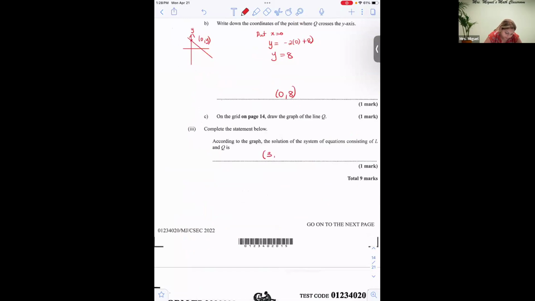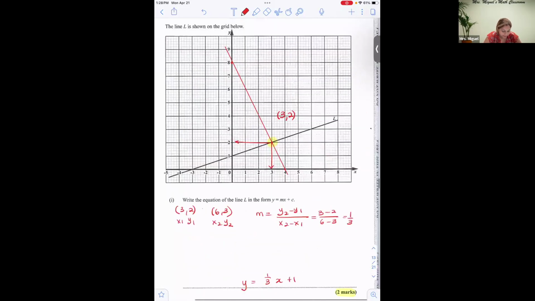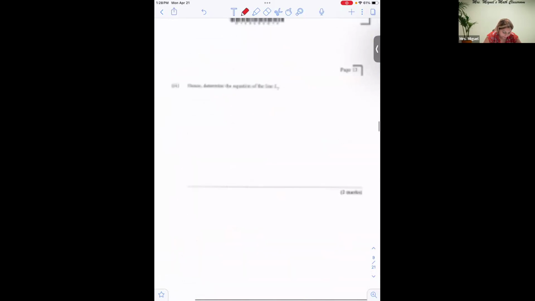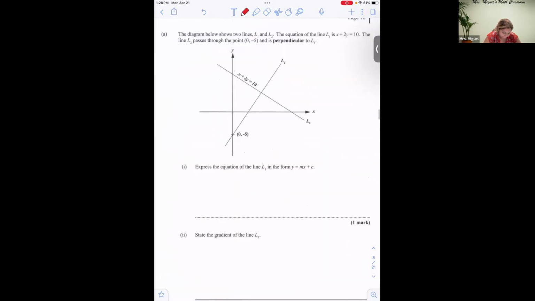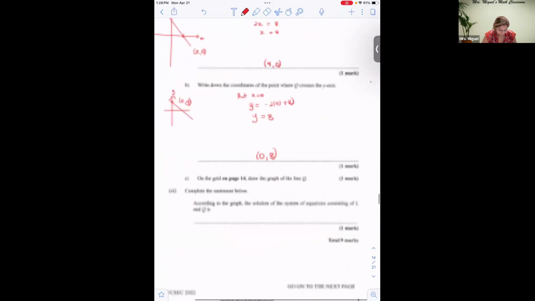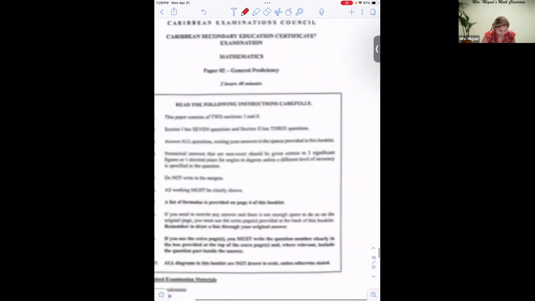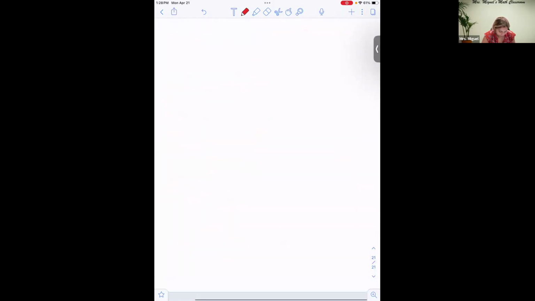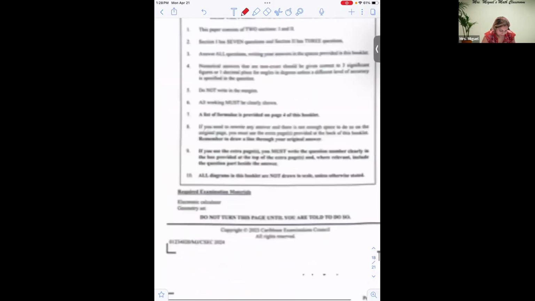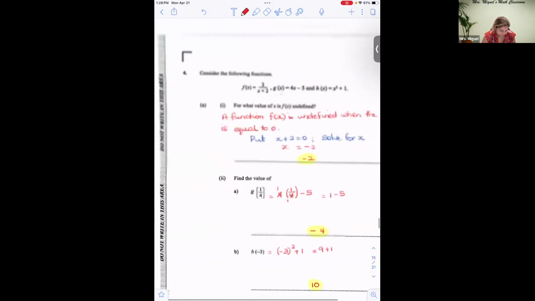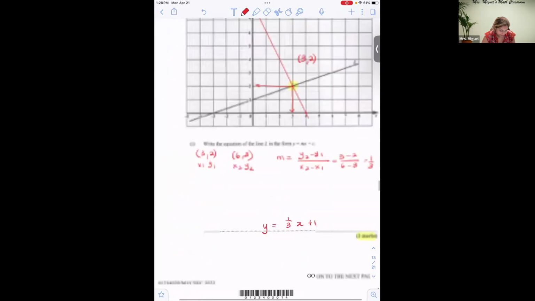So this is (3, 2). Correct answer only. Let me see if there are any more. We completed this, completed that, completed that.